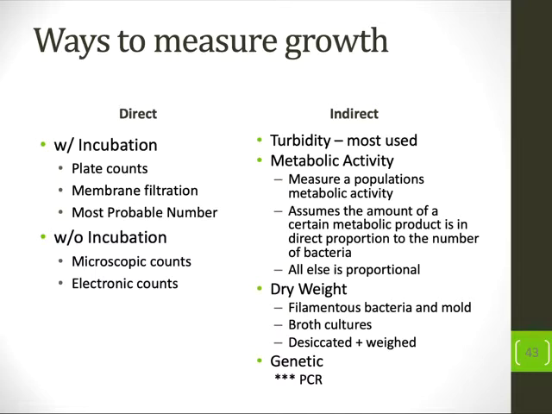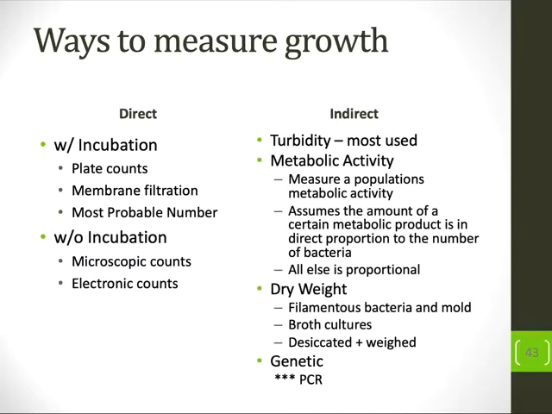Then you could do it indirectly using turbidity, which is the most commonly used. You could also use metabolic activity. You measure a population's metabolic activity based on the amount of nutrients that they are metabolizing and the products that they are producing.